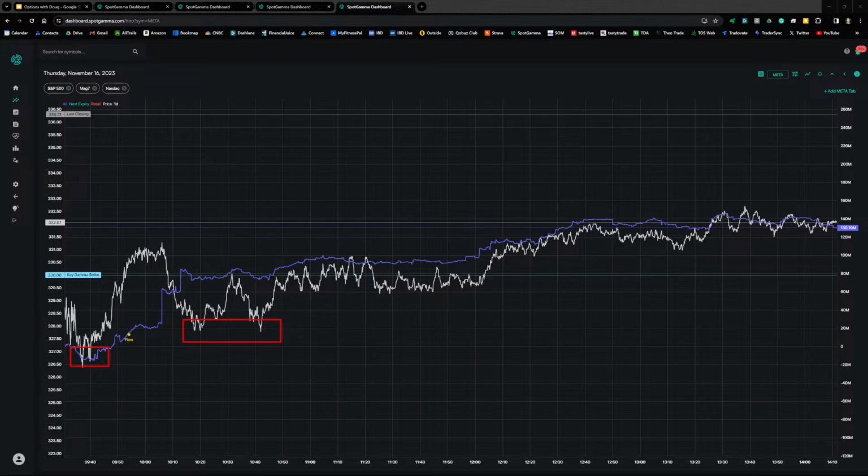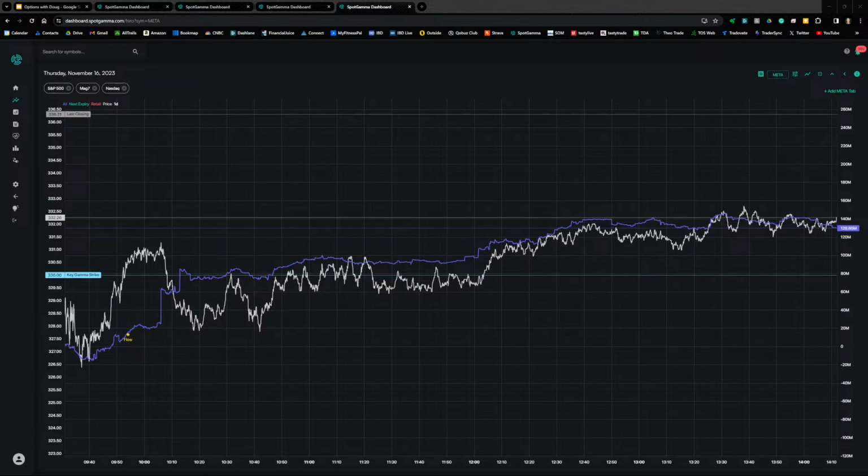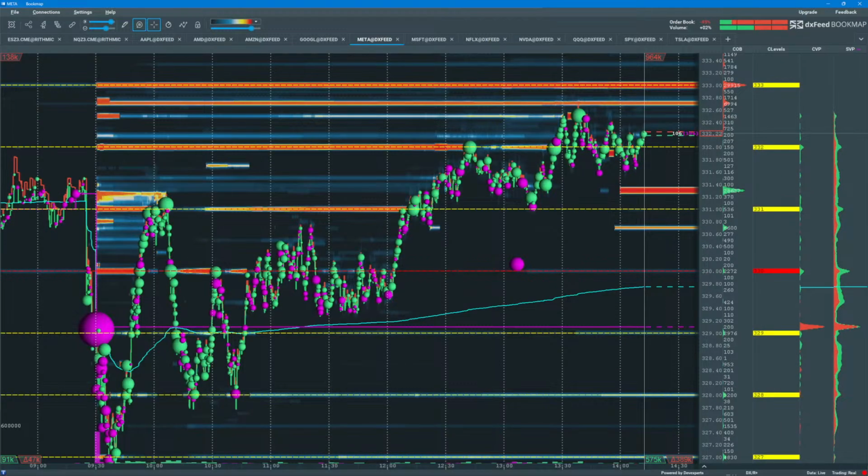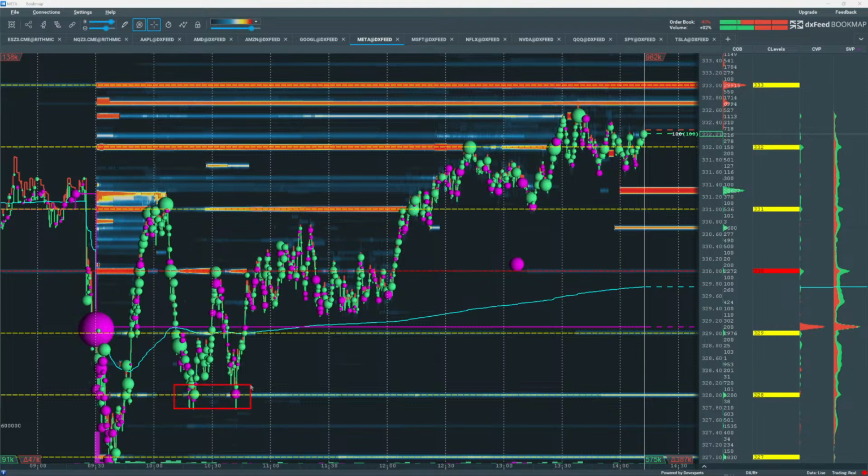All right, let's go take a look at Bookmap. So 330 key gamma strike. Entry points 10:20, 10:45. Kind of a double bottom there. Price continues to move higher.